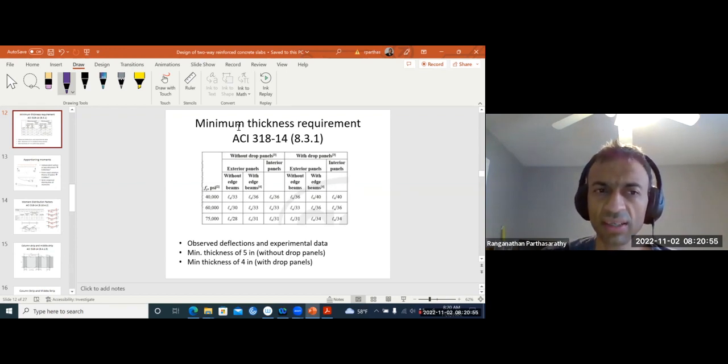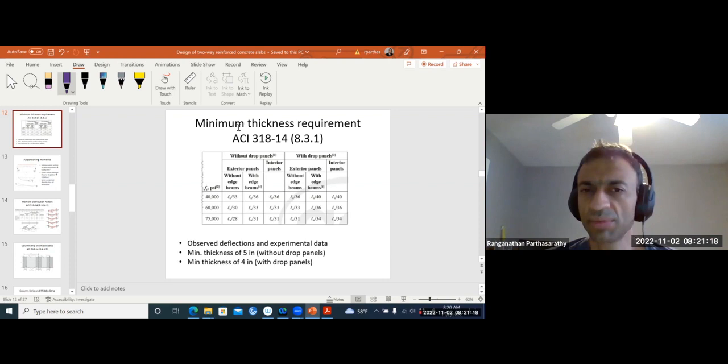Then we can get the 0.048 WL square, that value. Or if not, a lot of times nowadays with the use of computer programs, it uses finite element method for analysis of the two-way slabs.